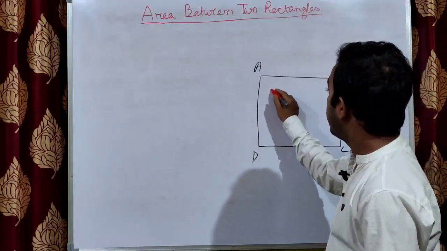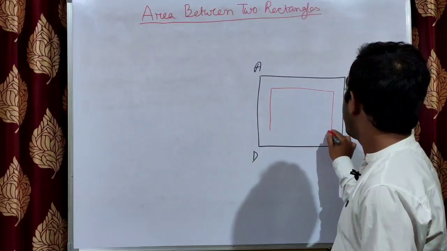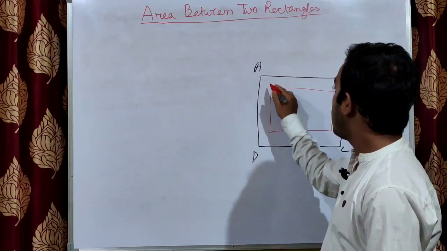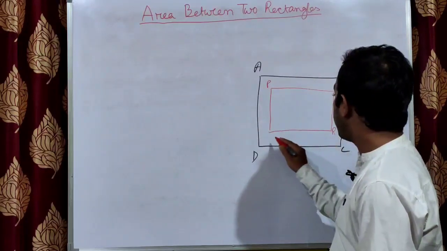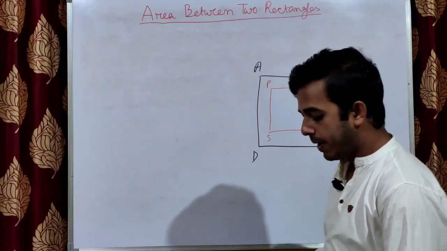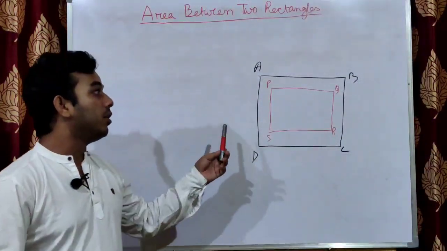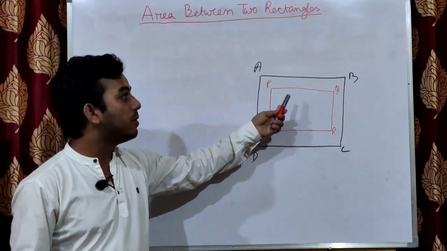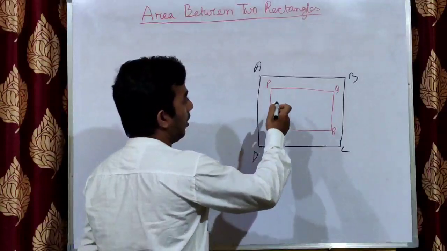Now consider another rectangle PQRS. So by the name, area between two rectangles means the area that lies between the two rectangles.